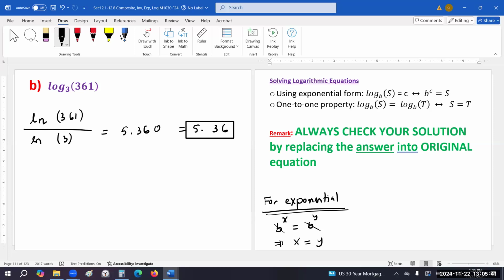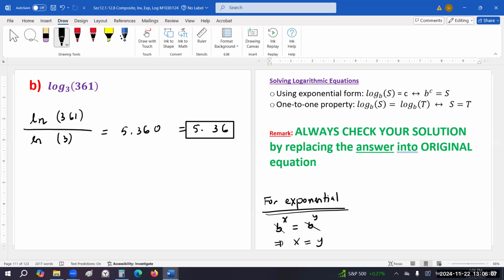Since you cannot cancel the log, we are going to convert the log into exponential. So if you remember your cycle, b gets c as a power, and we set that equal to the argument. So b to the c equals the argument of the log, and we solve for x algebraically. So these are the main two cases we have.